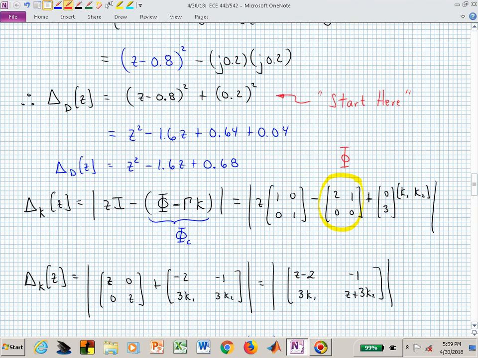We use exactly the same formula for the determinant here as we have all along. We take the product of the diagonals and subtract the product of the off diagonals.